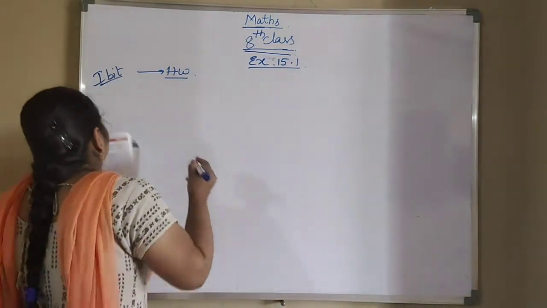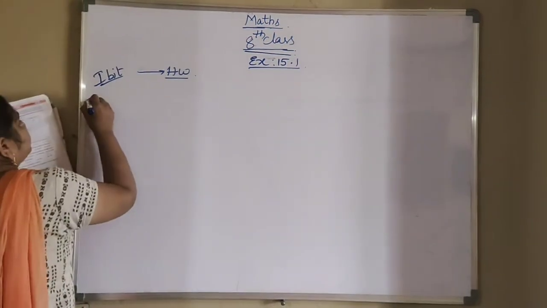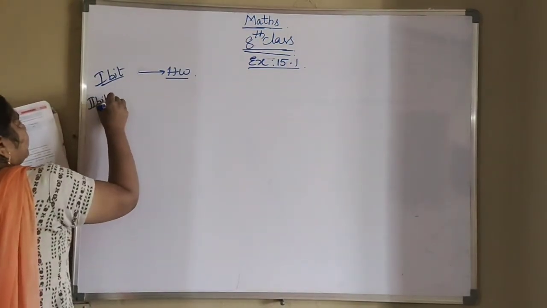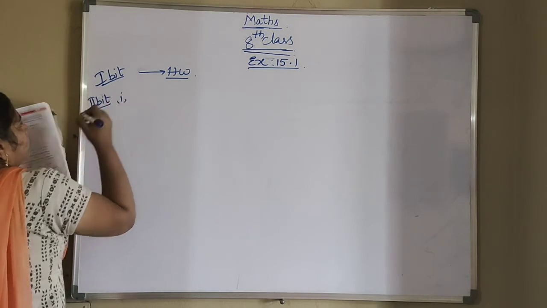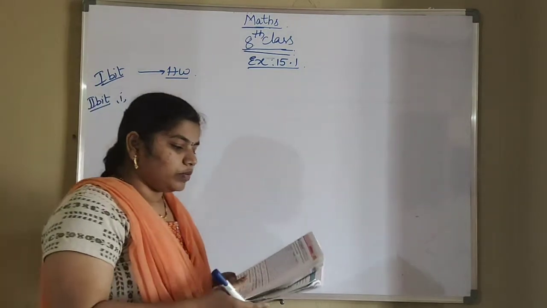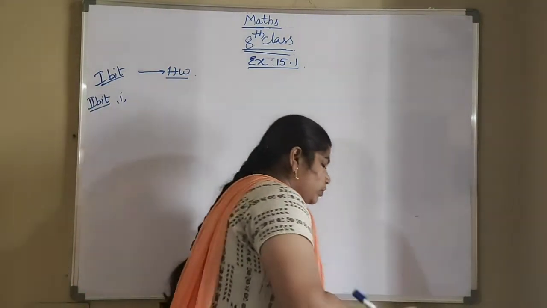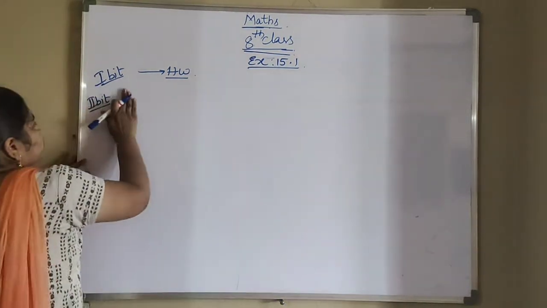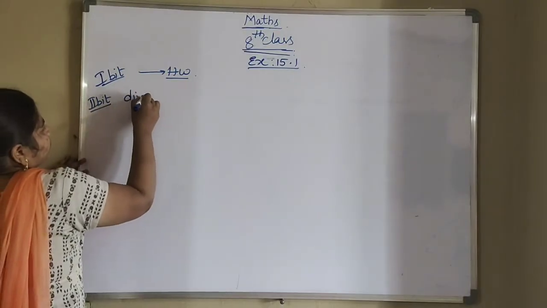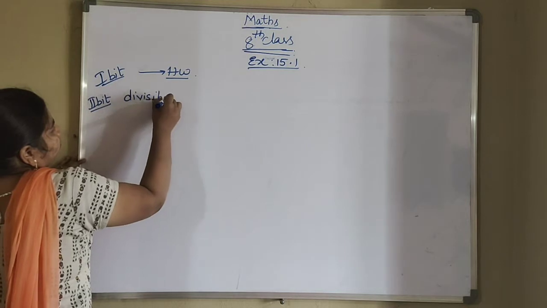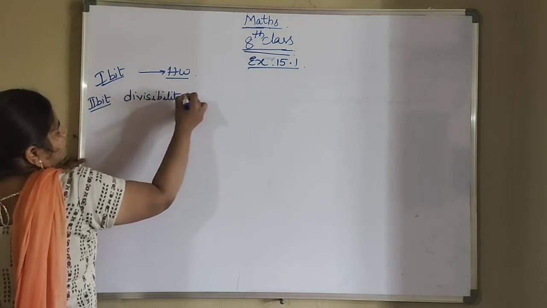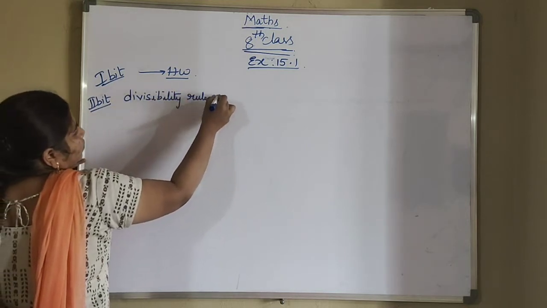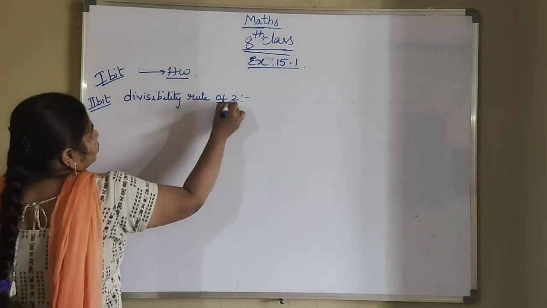So first you write the divisibility rule there. So second bit, first one. So they are asking about divisibility rule of 2. So what is divisibility rule of 2? We will write first. Divisibility rule of 2.